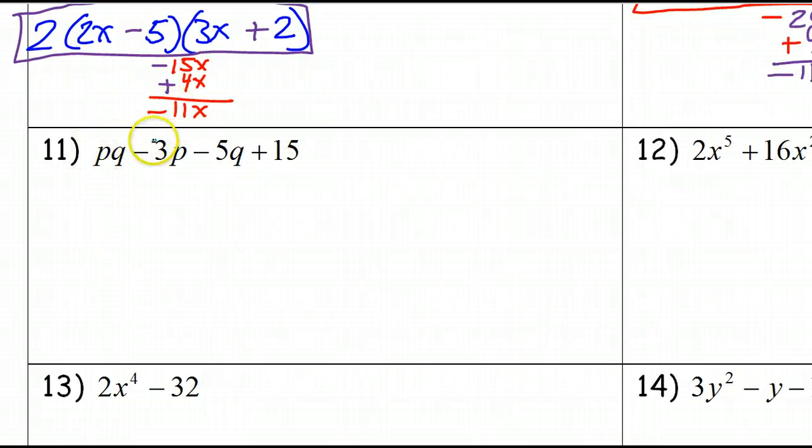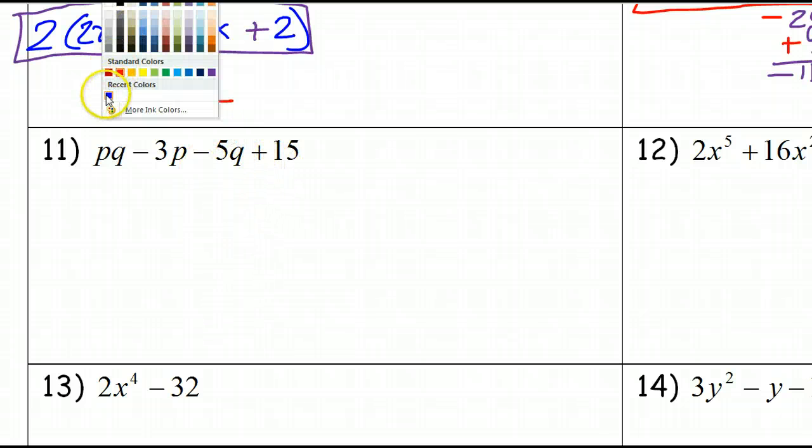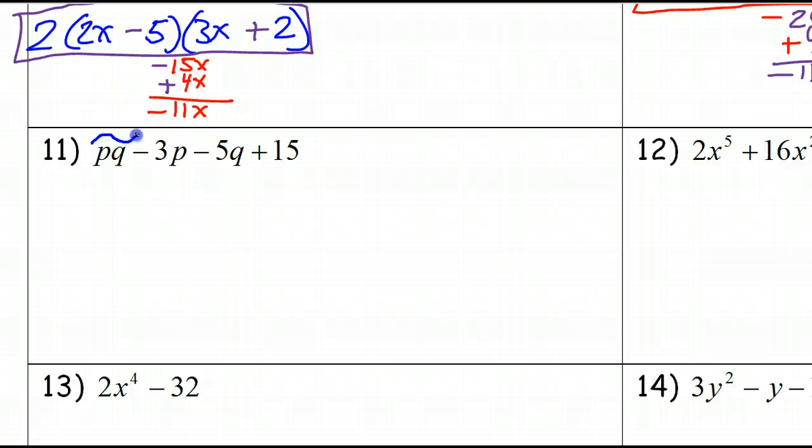Alright, looking at 11. I see 4 terms, so I'm thinking grouping. Okay, so I'll group these two, and I'll group these two. Now the common factor here, let's see, they both have a p in common. So I'm going to put a p out front.